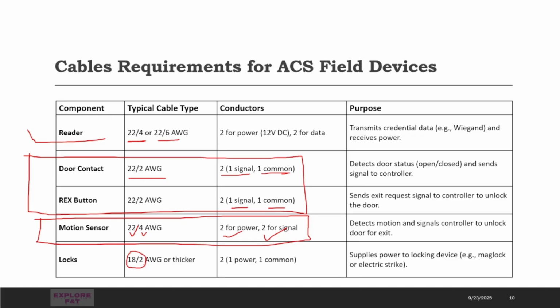There is an electric strike, which is a mechanical lock, and a maglock. A maglock also requires power, because whenever the power is there, the lock applies. No power, the door will be open, the lock will be unlocked.